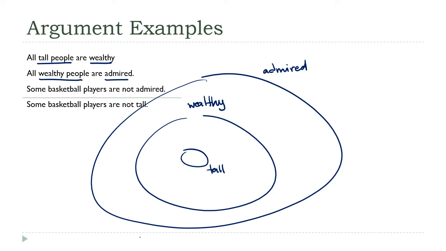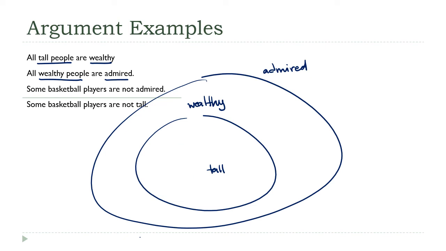All right, now how are we going to do this next part? Some basketball players are not admired. Okay, so we talked previously about how to do an existential statement. I know that my basketball player circle needs to overlap but not be contained in the admired circle. Well, work with me, I'm just going to make my tall people circle a little bigger. It's going to make this next part easier.